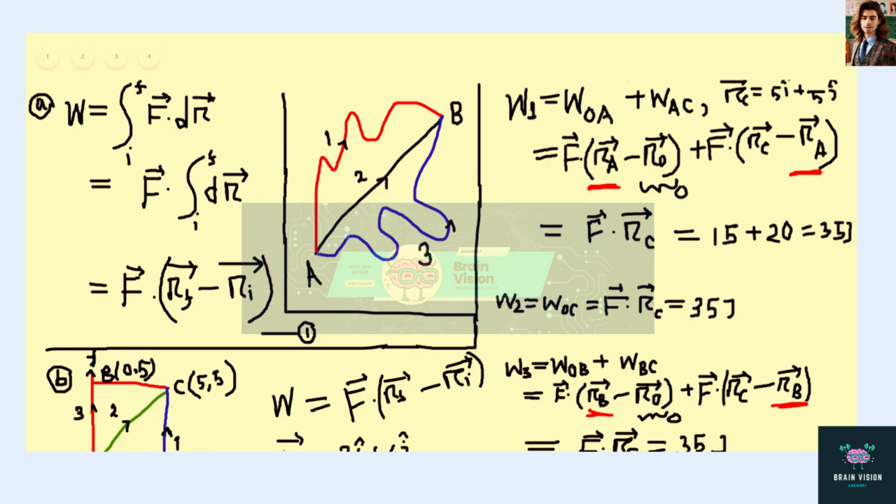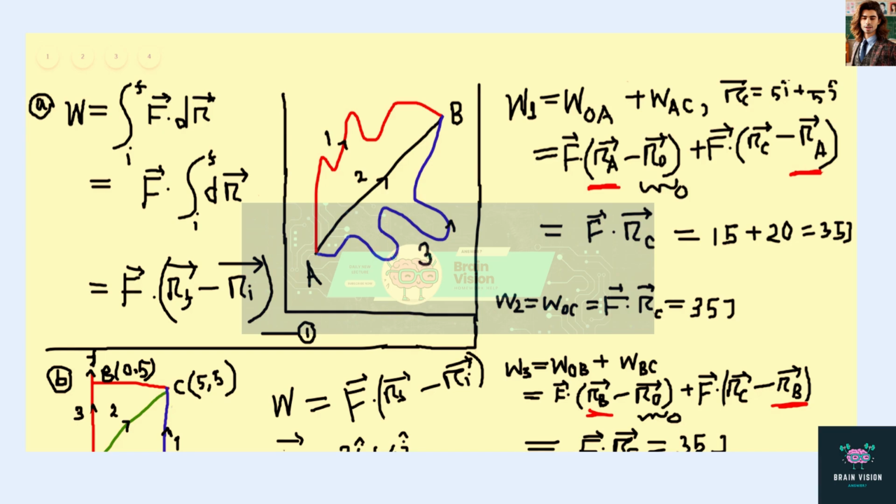Then work done is happening there. Mathematically, W, the notation of work done, is equal to the integral of F dot dr from initial position to final position.